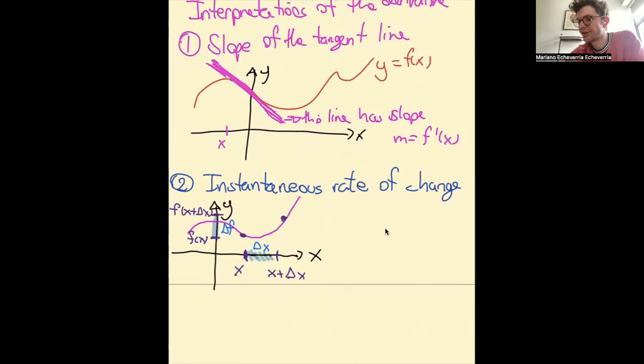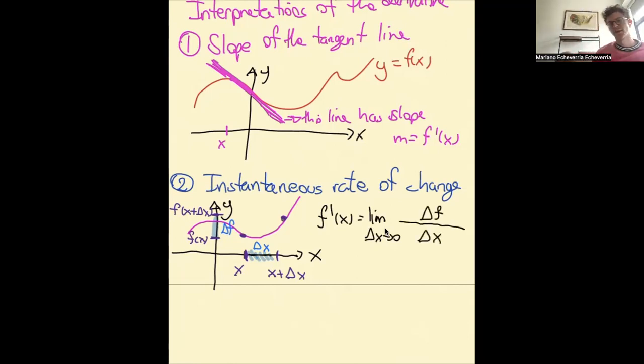The definition of the derivative in terms of a limit, if you remember it, is that f prime of x was the limit as delta x approaches 0 of delta f divided by delta x. That was one way to write it down, the limit definition.